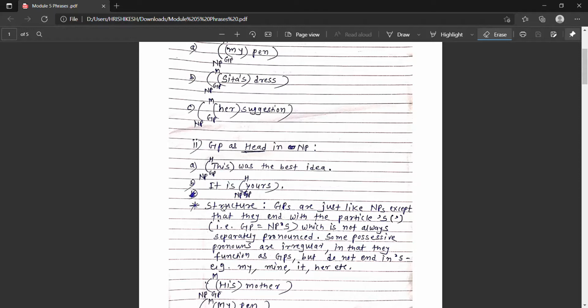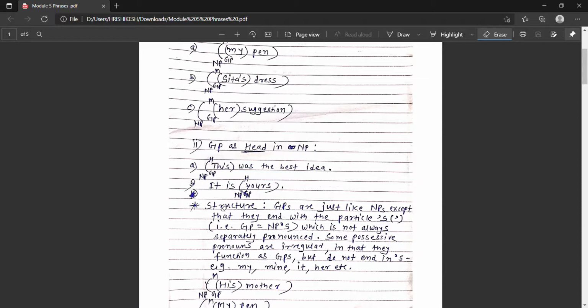My is sufficient to tell you possession. We don't want apostrophe s. So we don't use apostrophe s to denote possession for these possessive pronouns; there is no need. My, mine, its, her, etc. do not end in apostrophe s.